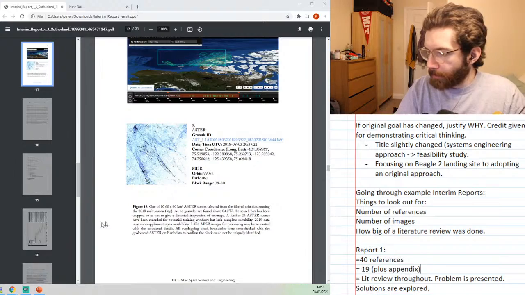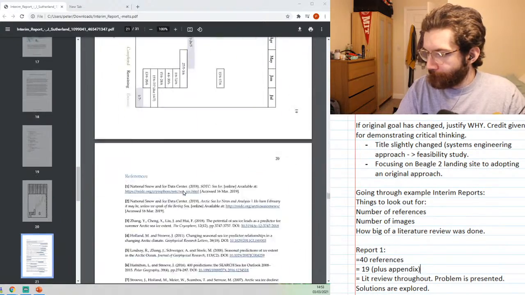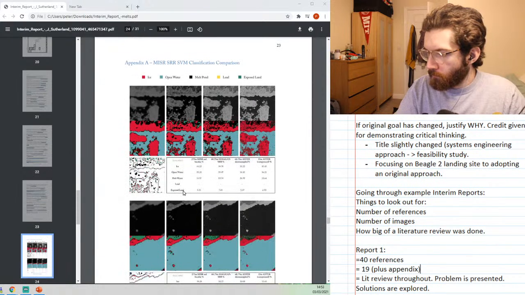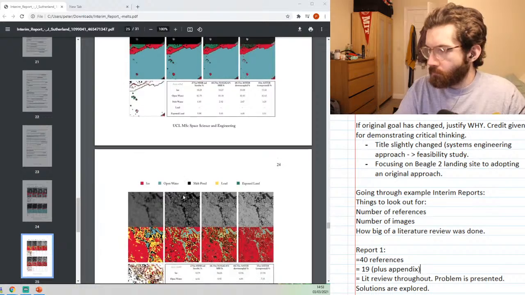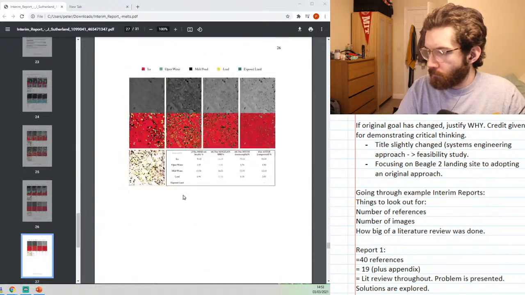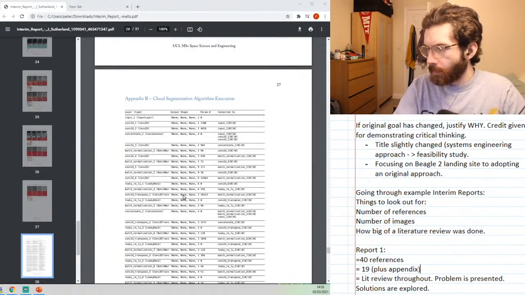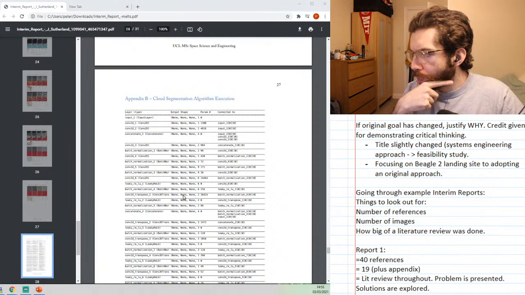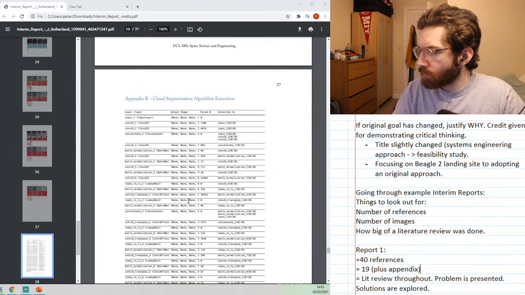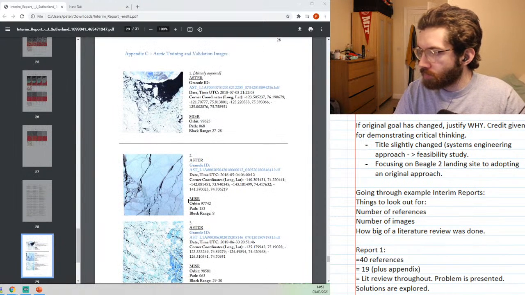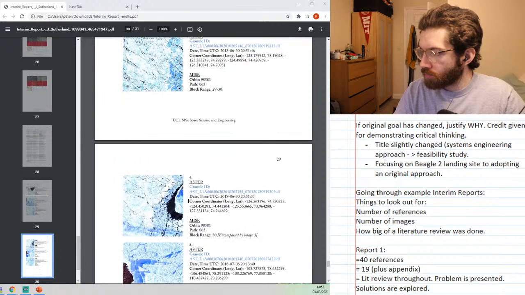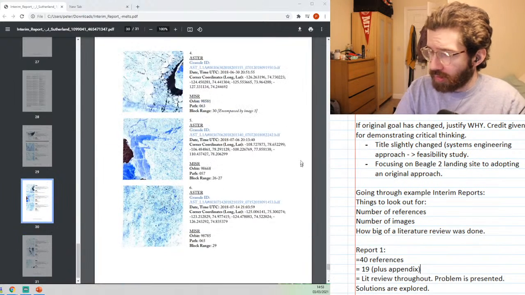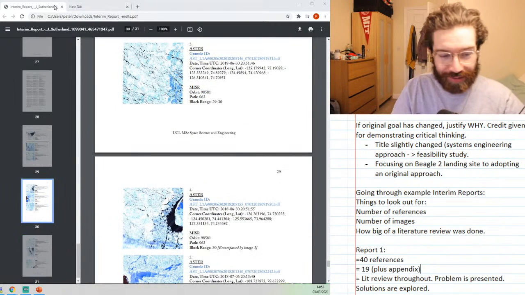Plus appendix. I have no idea what went on in that whole paper, to be honest, but it's very impressive.